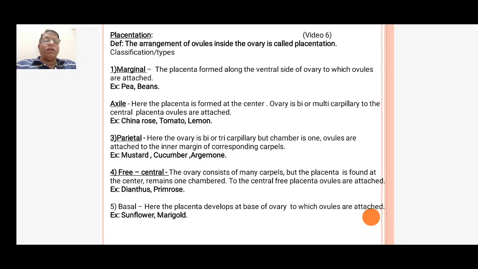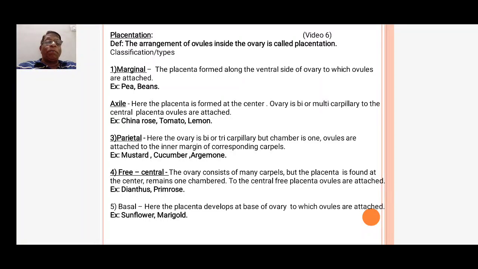Parietal placentation. The next one is parietal type. Examples for parietal are cucumber, mustard, argemone, etc. What is parietal placentation?